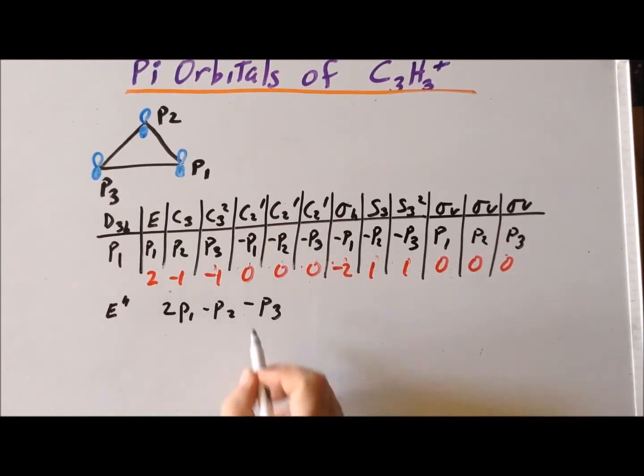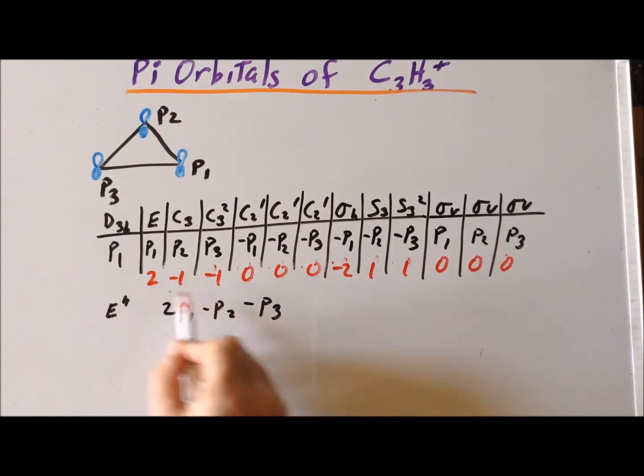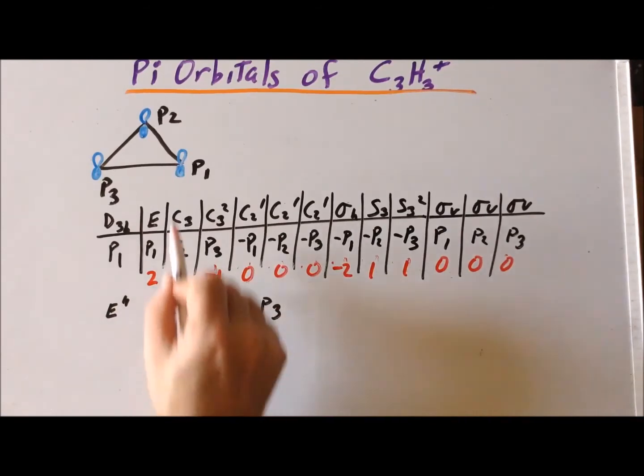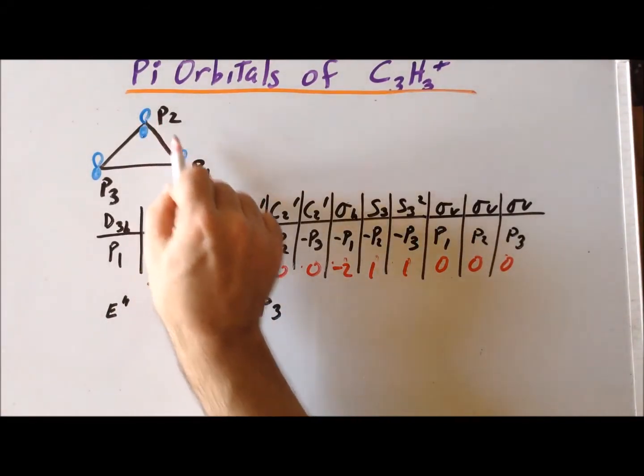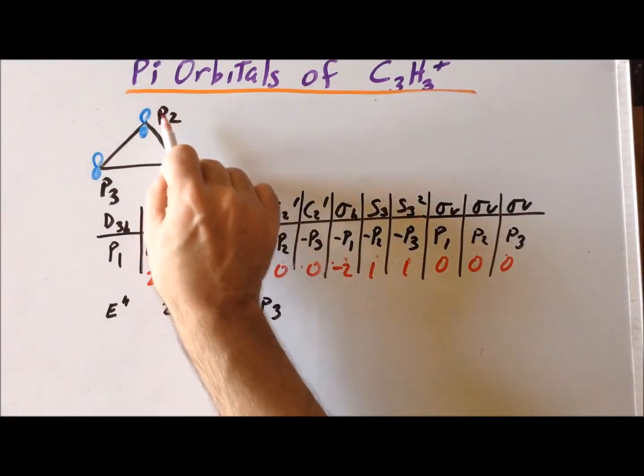But we notice this is only one of a doubly degenerate pair, and we need to determine what the other member of the degenerate pair is. Again, we use a similar trick from the projection operator method, and we first perform a C3 operation on each of these terms. So p1 through a C3 operation becomes p2.